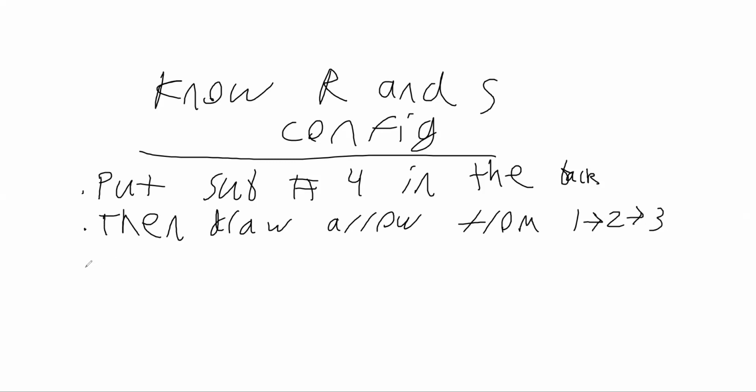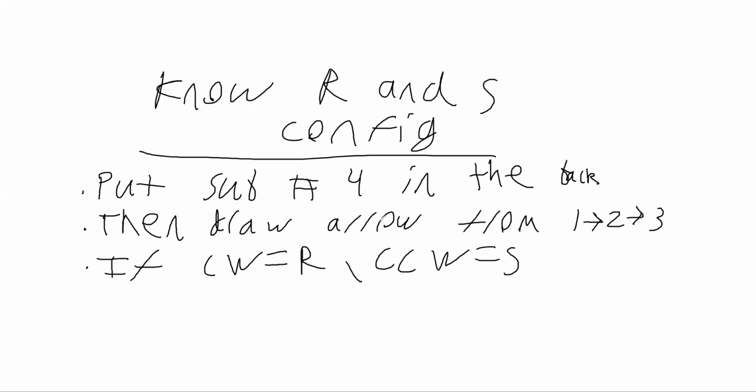If it's clockwise, it's R. If it's counterclockwise, it's S. That's the safest way to do it. The other way is that sheet I told you guys about, for when number 4 isn't in the back. Then just draw the arrow.